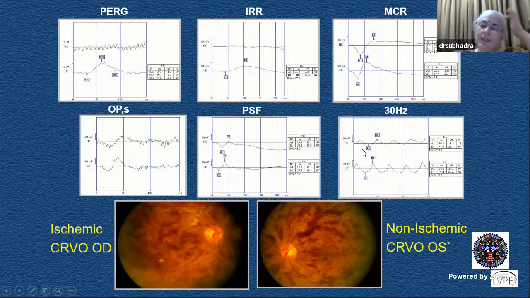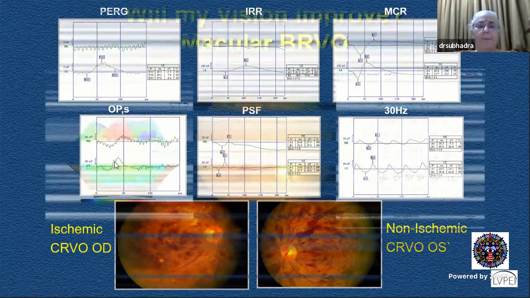So if both the eyes are involved, then we look at the interocular difference. And you can see here the oscillatory potentials are absent. This is just the 60 hertz line, that is the electrical noise which is coming, which is repetitive noise. And these are the true oscillatory potentials.